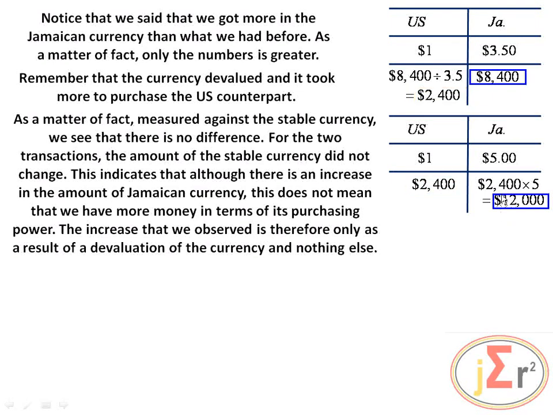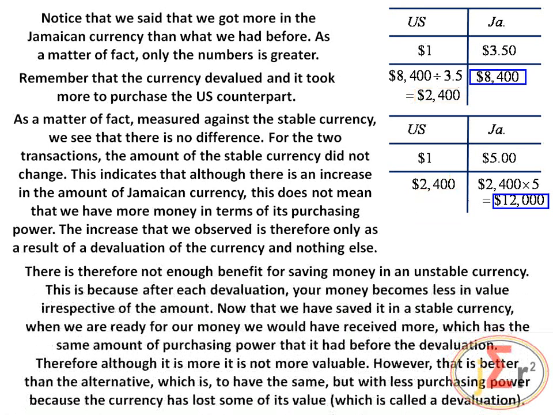So what we have here is not necessarily more money in terms of its purchasing power. We are only getting more because with time the value of our money decreased, and if we measure it against a stable currency with the value of our currency decreasing, then the amount that we will take to purchase the stable currency will have to increase. There is therefore not enough benefit for saving money in an unstable currency.